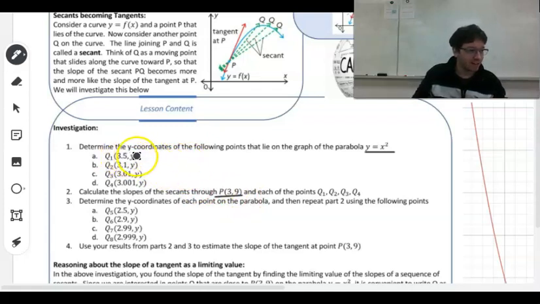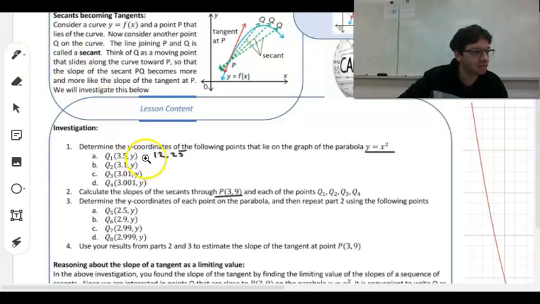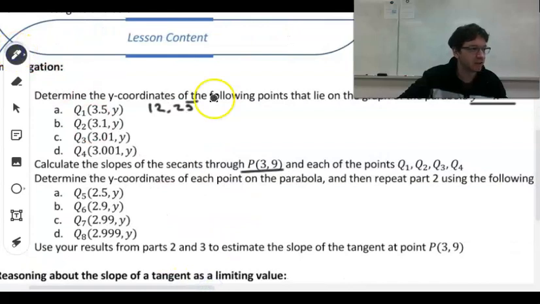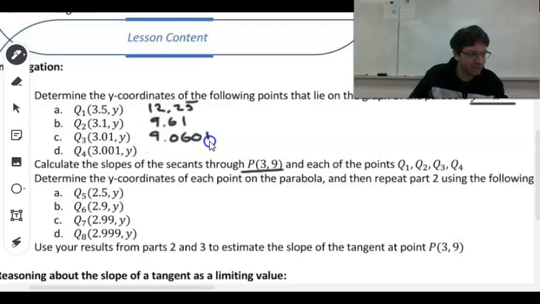So first, 3.5. Well, y is simply 3.5 squared, which is 12.25. I'm going to zoom in a little bit here so it's easy to write. 3.1 squared is 9.61. 3.01 squared, and we're going to keep all the numbers on a calculator, trying to be as accurate as possible without any round off error.